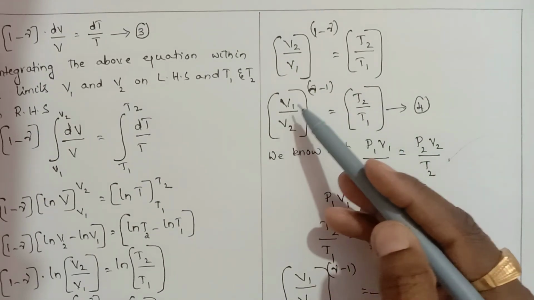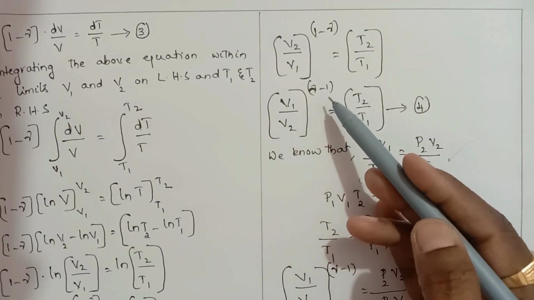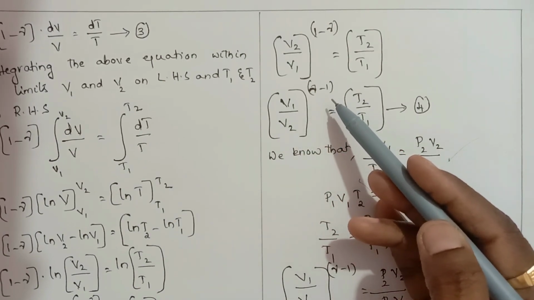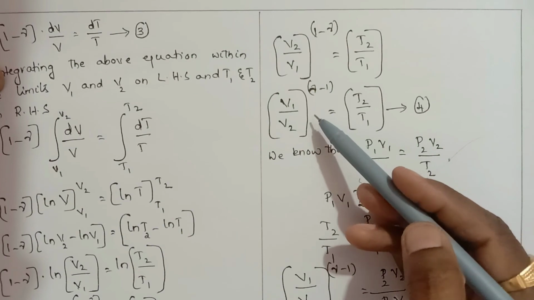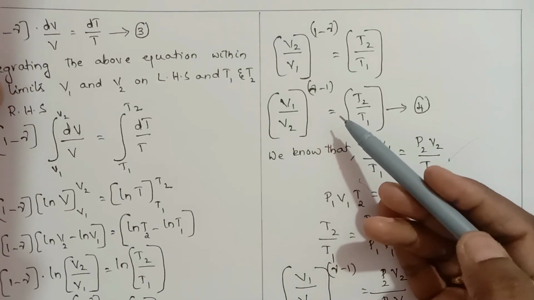T1 V1 to the power gamma minus 1 is equal to T2 V2 to the power gamma minus 1. Then we automatically get TV to the power gamma minus 1 is equal to constant.